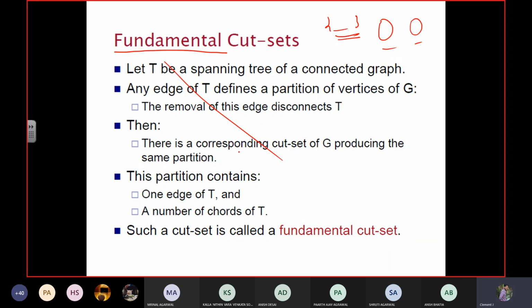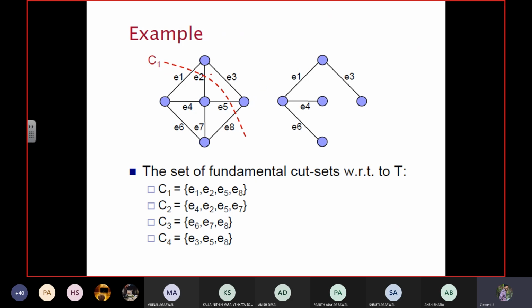Let us enter into that. First example. See here, you can consider this as a graph G. So we are going to link the spanning tree to your cut set concept. That is why we are forced to use the spanning tree concept here.